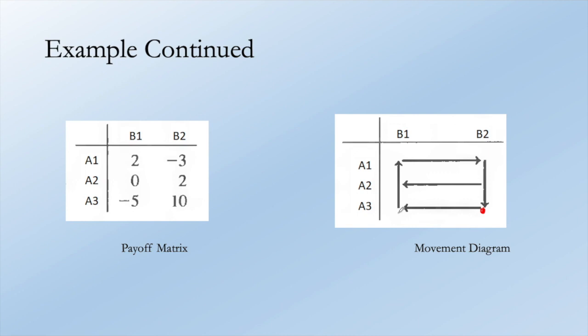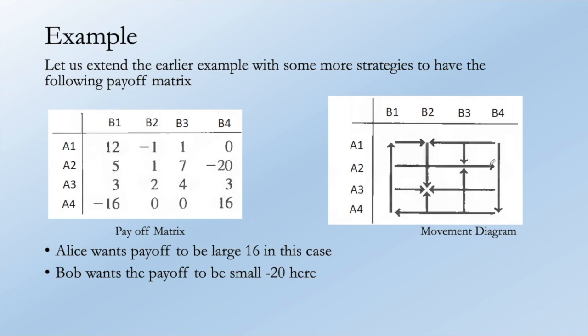Seeing that, Alice will immediately move to product A1. Again, as soon as that happens, Bob will switch to product B2, and this can go on. Now the question is, in a steady state, how should Alice and Bob mix their strategies so that they can have a stable payoff? That's what we'll discuss.